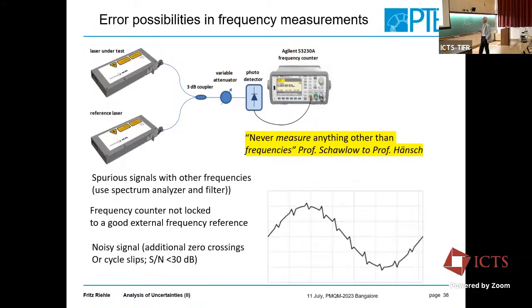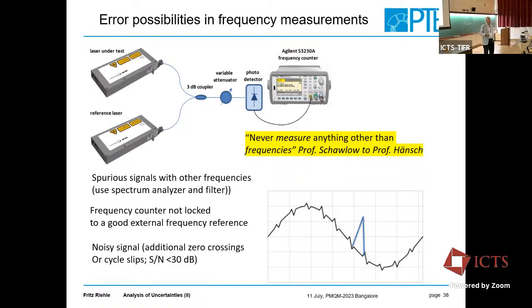Another thing, your signal is usually noisy. So if the noise is like this, the counter will count this as a zero crossing. So the noisy signal can produce additional zero crossings, or, if the noise is too loud, it can also give cycle slips.